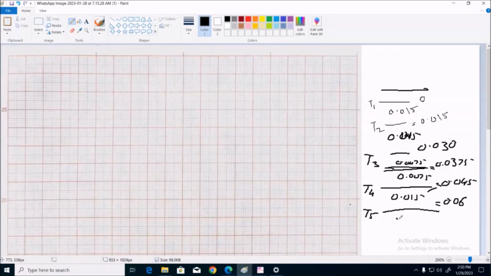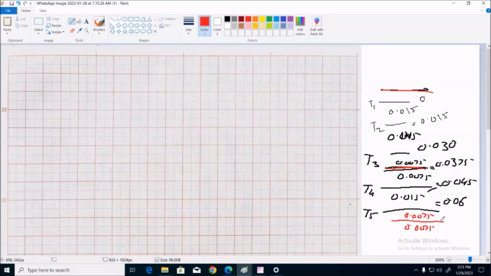Now there is a metal rod slab. This is the first metal slab, the hot section. Now this is the intermediate section, 0.0075, 0.0075.